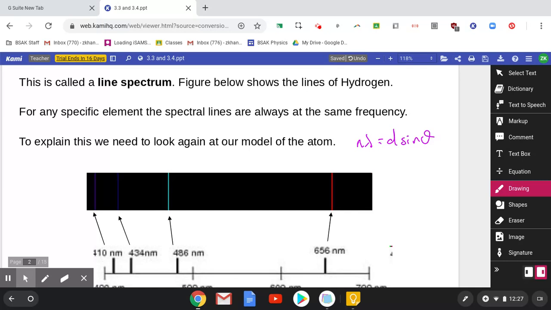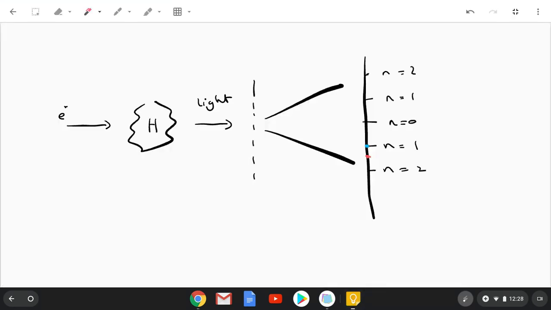Now, if we have the n equals 1 order, so we know that n is 1 for all of these. We know the distance between our slits, so we know that distance there.